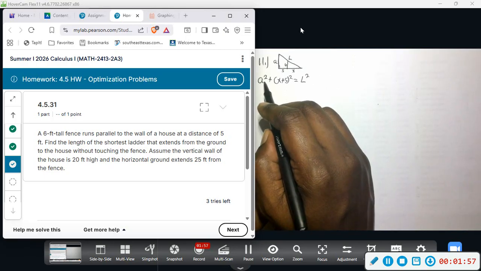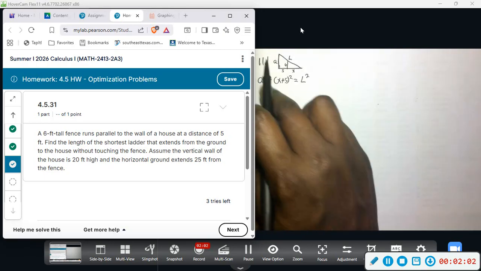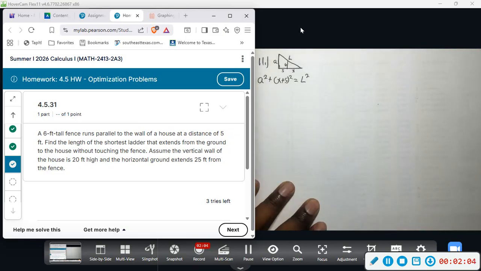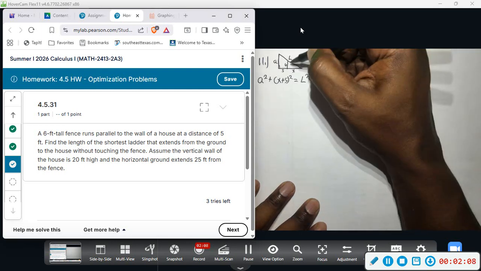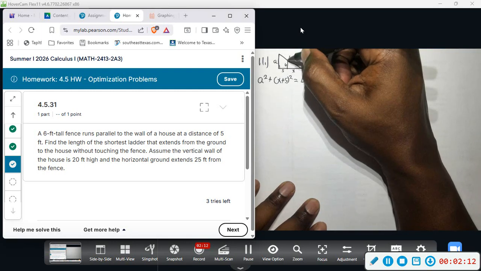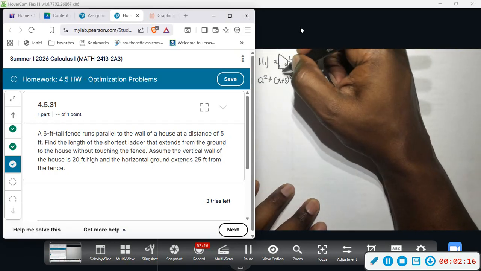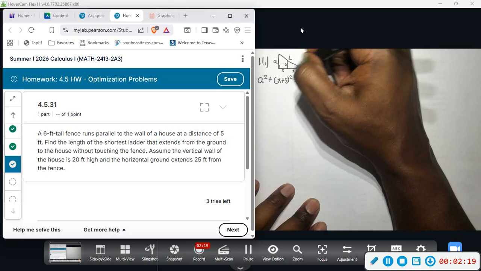We have one equation and two unknowns, so I want to try to solve for A, or find another equation that represents A. And what we have is similar triangles. We have this big triangle, and then this little small triangle here. We'll set up a ratio: this side to this side is this side to this side.